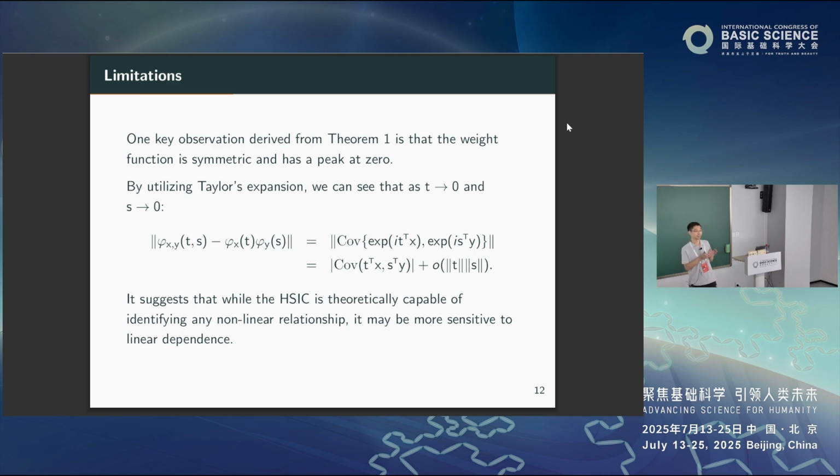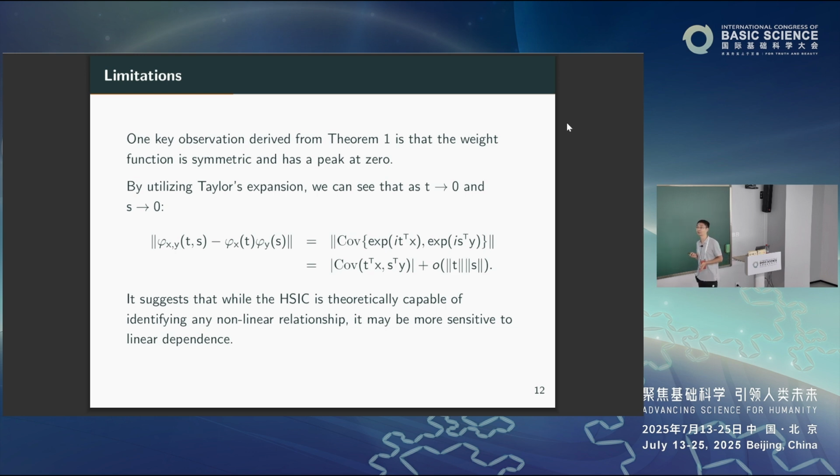So although it aggregates all the differences, it puts more weight around there, so it may be more sensitive to the differences around there.